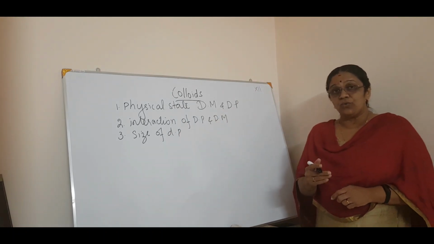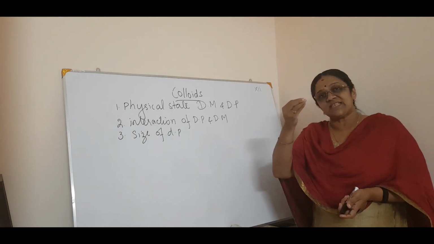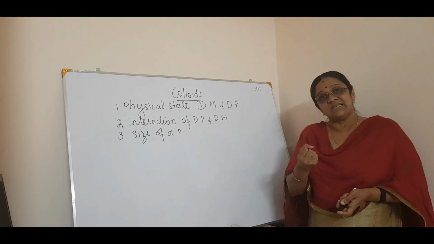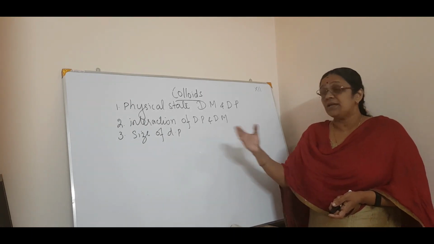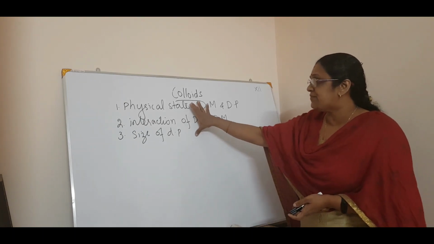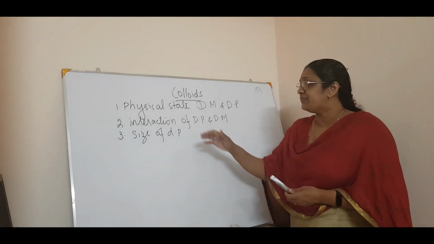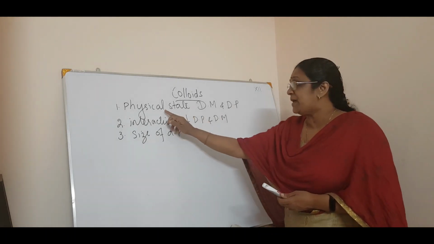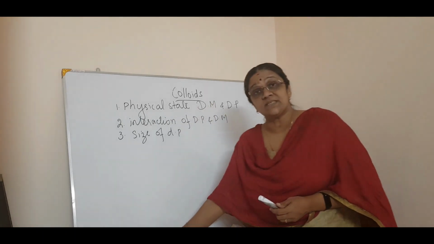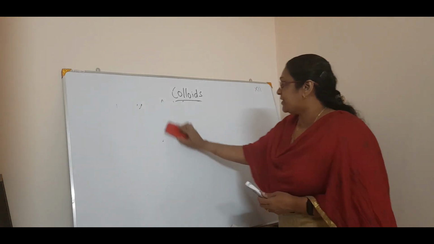The dispersed phase I told you, analogous to the solute, can be macromolecules, then starch, gum, gelatin, etc. Okay. Then metals also, you will study later. So, depending on these, three classifications are made. Now, we will see one by one. We will see first how the classification is based on the physical state of the dispersion medium and dispersed phase. Okay.